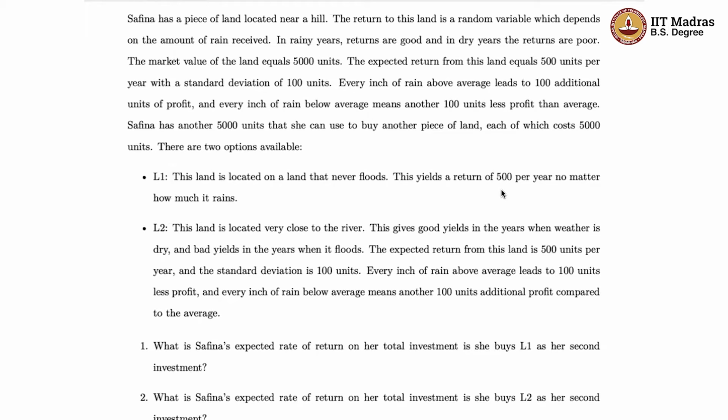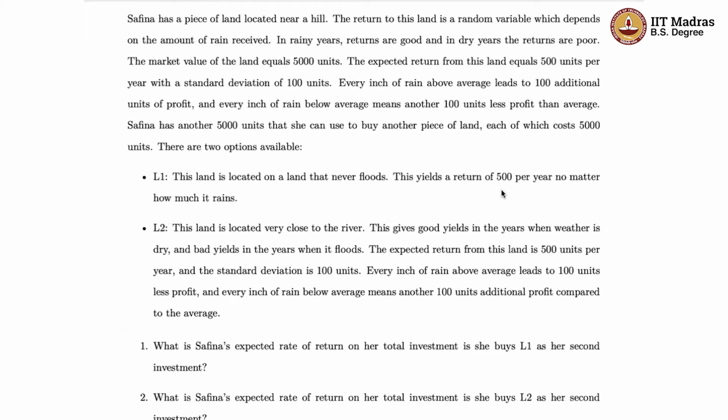However, if you notice, the risk that is there in L2 is exactly negatively correlated with the risk that is there in the original piece of land, right? Remember, the original piece of land was subject to this risk that if you have got excess rainfall, that's going to be bad for the profit.